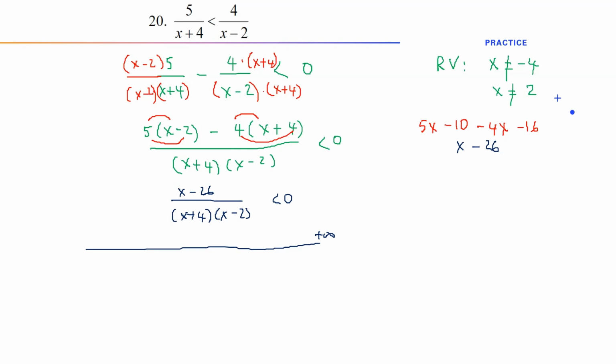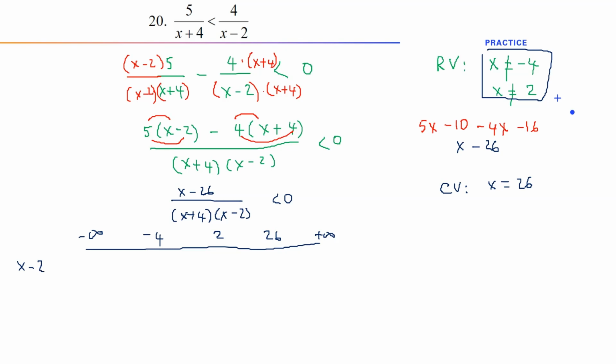Now I make a number line, with positive infinity. We know that we have the two restricted values, and now we also have the critical value when x equals 26, which makes the whole thing equal 0. So we will have negative 4, 2, and 26. And this one is negative infinity.